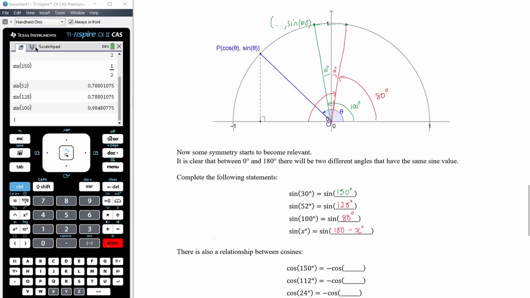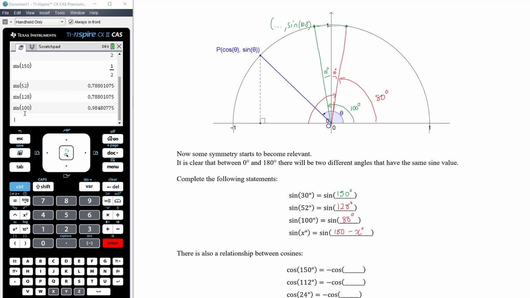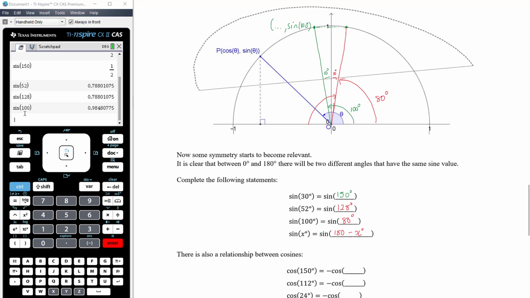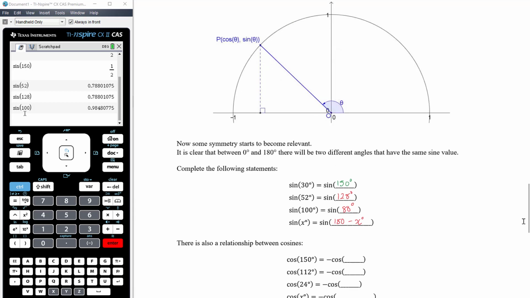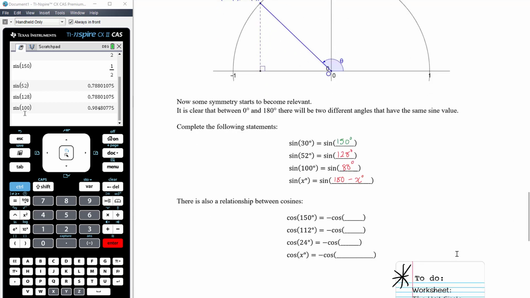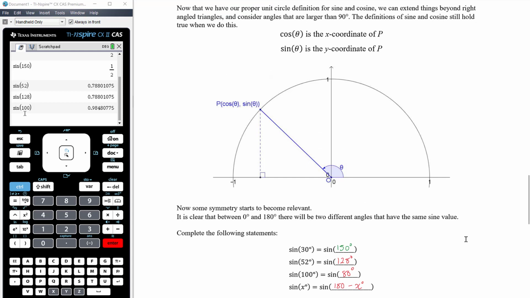Let's think about cos now as well. Let's just clear our unit circle again. So if we think about cos, so cos of 150 degrees. Let's have a look at where that is, maybe sort of around here somewhere.